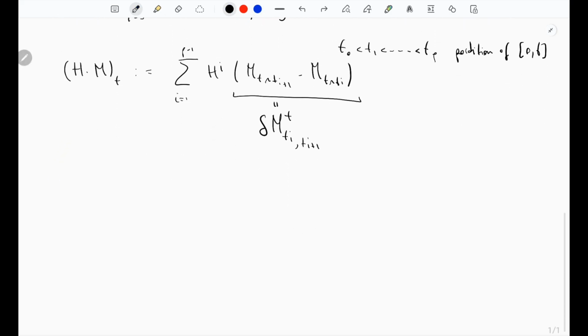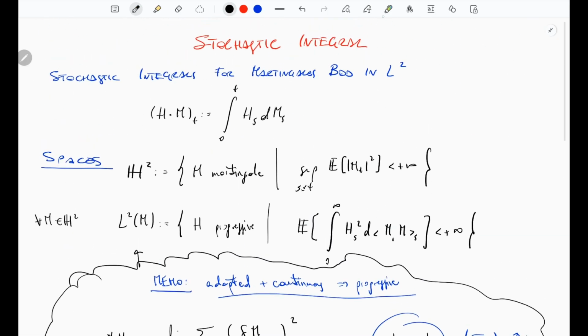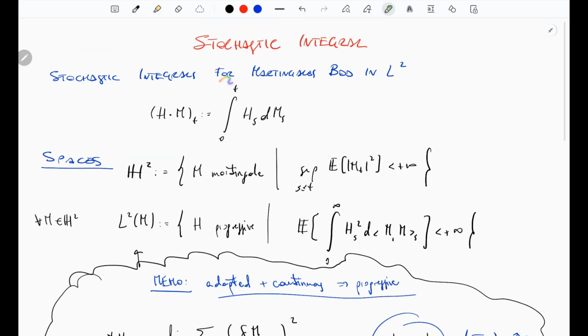But what are the, so let's write the theorem. What we know is the theorem slash definition of stochastic integral. So also, I should have mentioned that earlier, but clearly, I'm defining this for martingales bounded in L2.